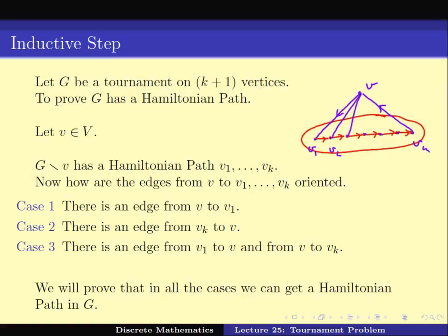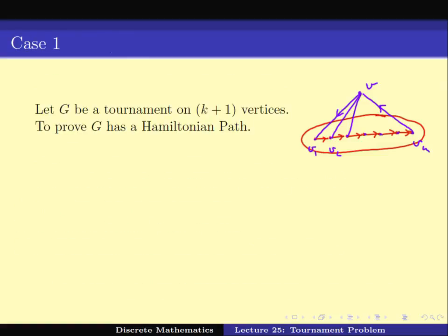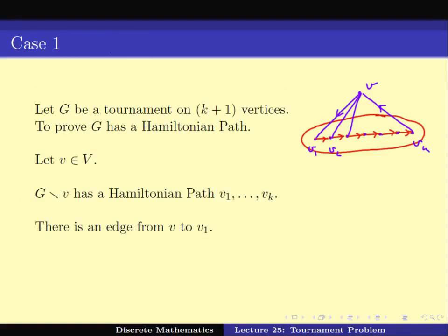Now let's start with the first case. In the first case, there is an edge from V to V1. If that is the case, can you see a Hamiltonian path here? A Hamiltonian path is a path on k plus 1 vertices.